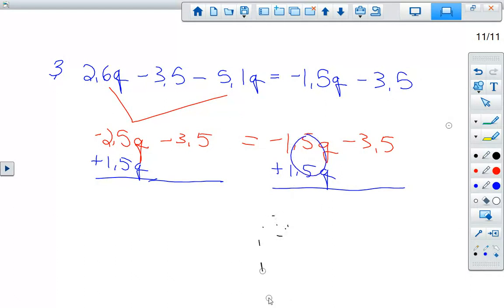We have negative, and we have just negative 3.5 on the right side. And then on the left side, we have to do this work. So what about when you take a negative 2.5 and add 1.5? Negative 1. This is just negative 1 with a Q on it, minus the 3.5.